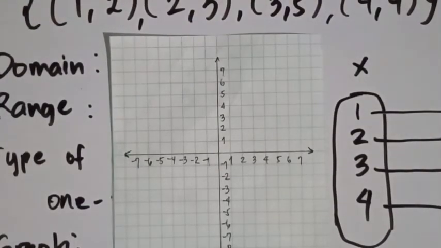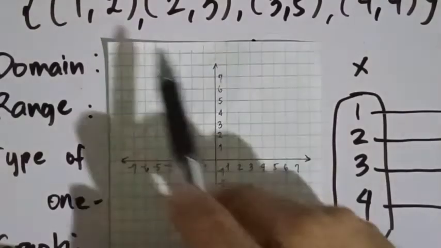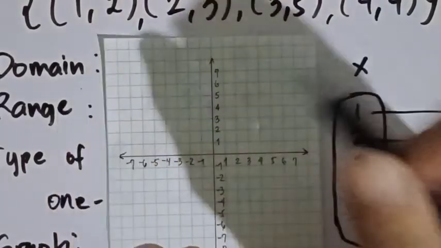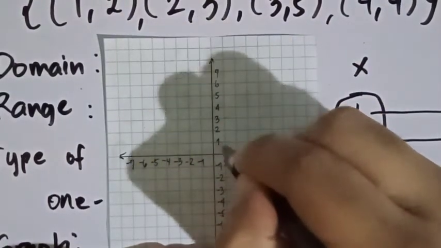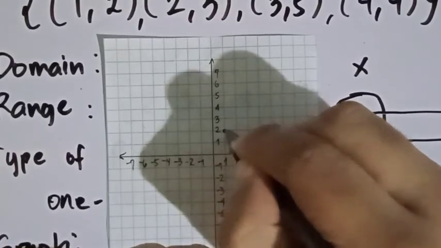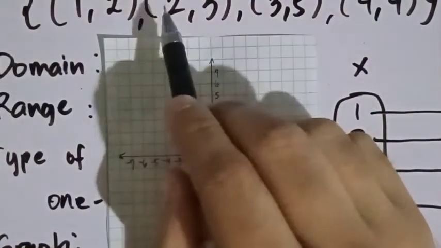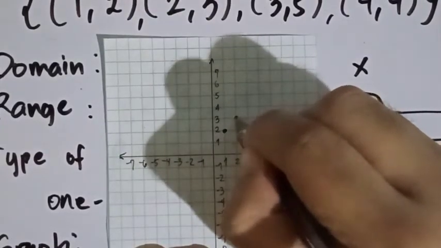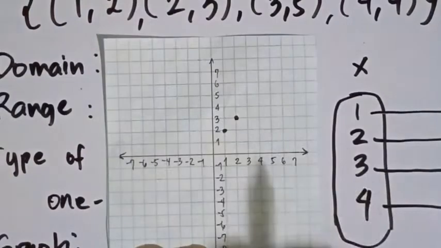So, dito natin ilagay lahat ng points according doon sa ordered pairs. Okay? So, (1, 2). So, ilagay natin yung (1, 2) dito. So, 1 sa x-axis at 2 sa y-axis pagtapatin mo. Tapos, sa (2, 3) naman, 2 sa x-axis, 3 naman sa y. Yan.